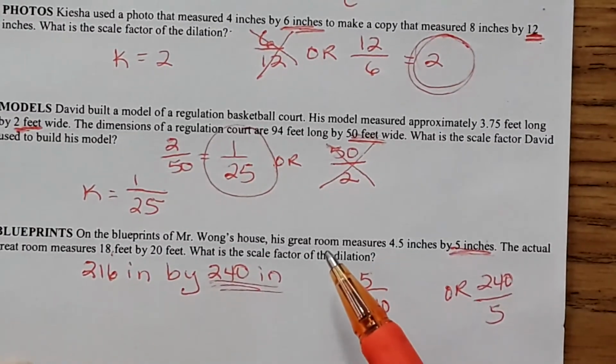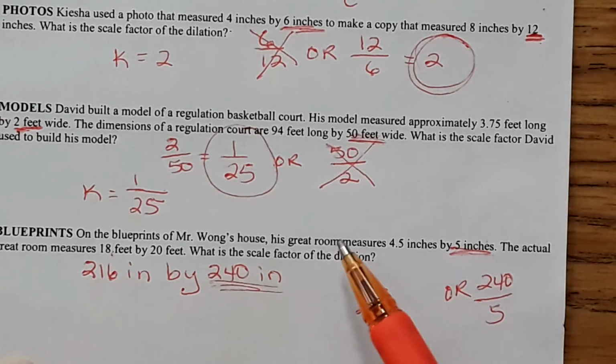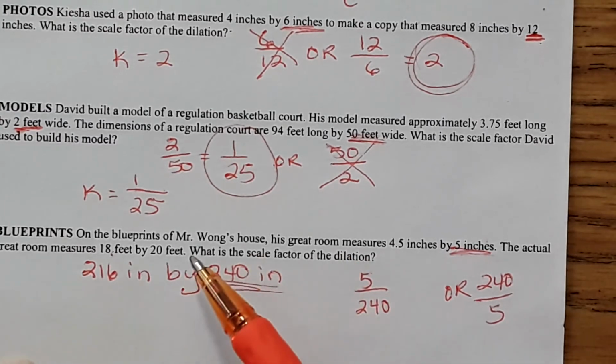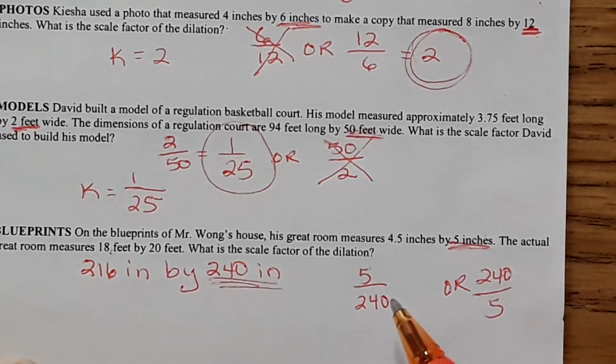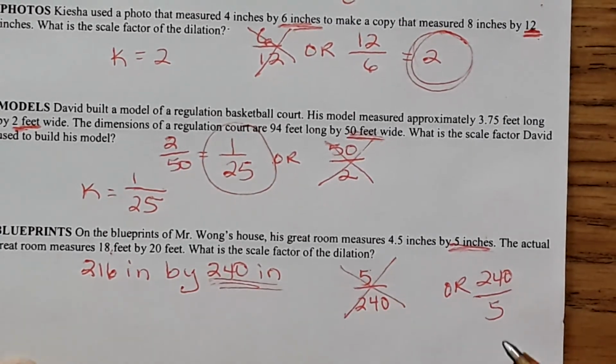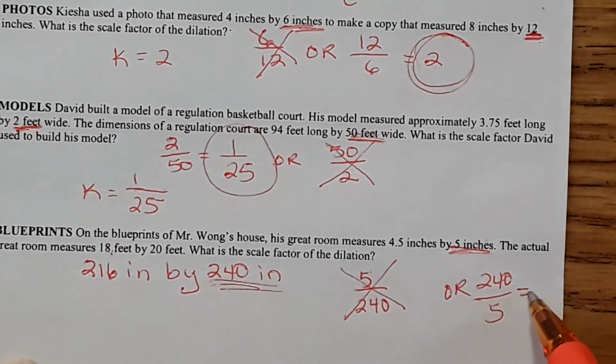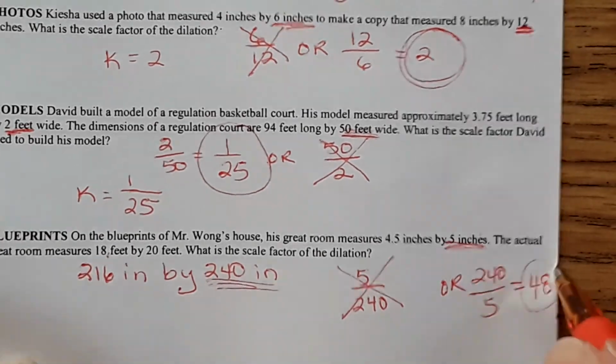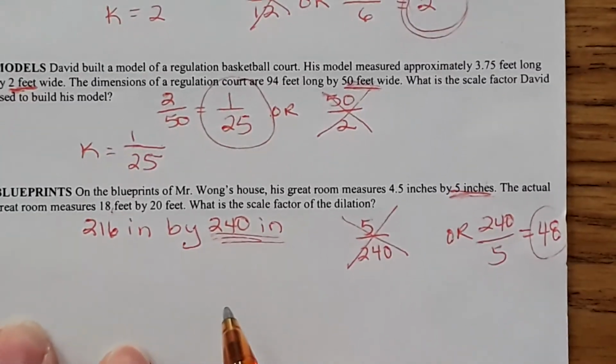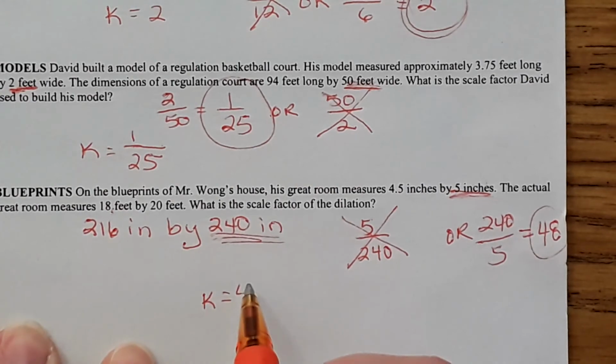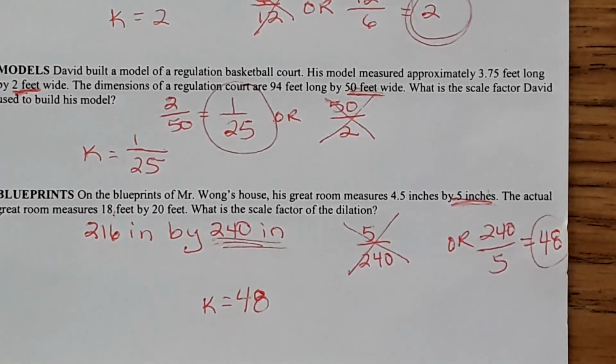Well, if you're going from blueprints on paper to building an actual room, you're getting bigger. You need a scale factor greater than 1. It will not be this one. It has to be this one here, which gives me a scale factor of 48. The actual room is going to be 48 times as big as the original paper drawings.